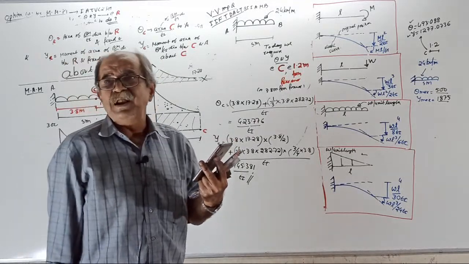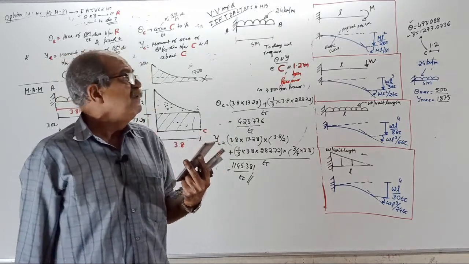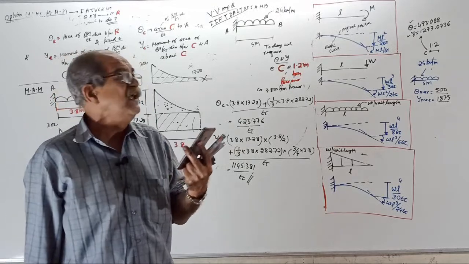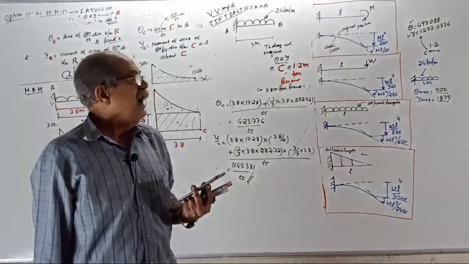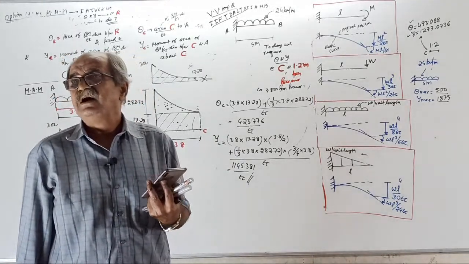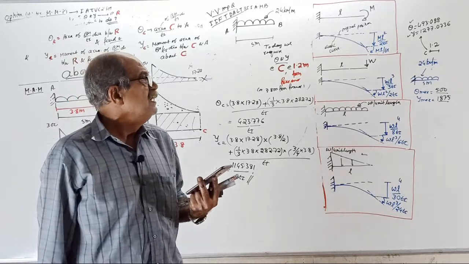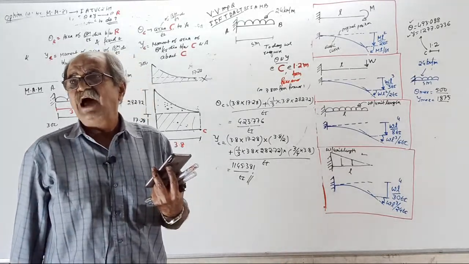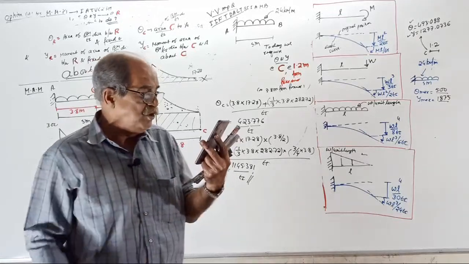In my class, when I find slope or deflection by different methods, or analysis of an indeterminate structure or any question, if the answer is not tallying, there should be a mistake. Mistake can be deliberate or a calculation mistake. If it is a technical mistake which I cannot understand, that is the last day of my teaching, I told you.